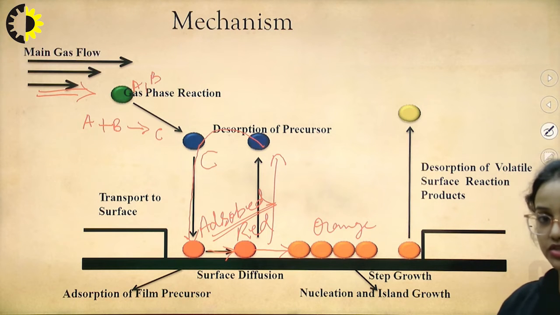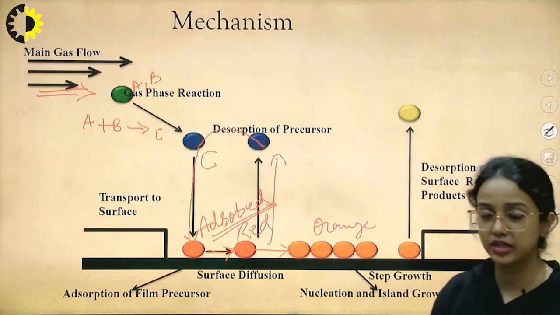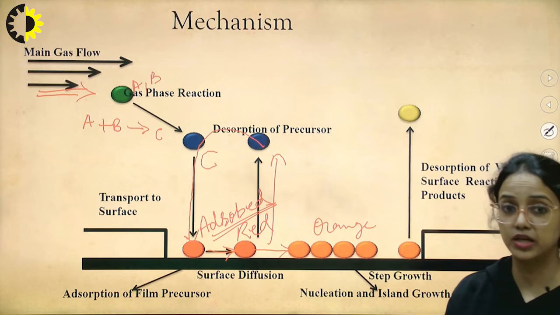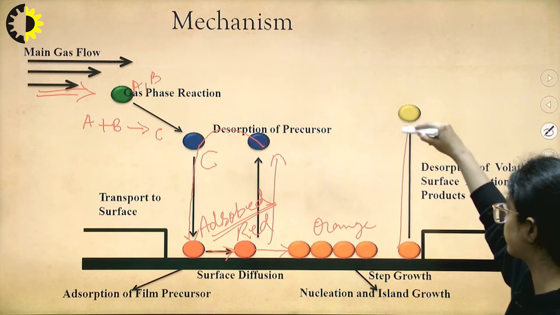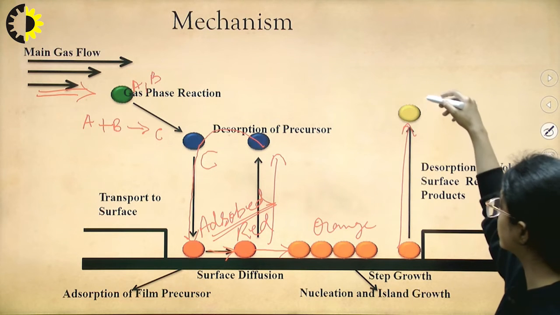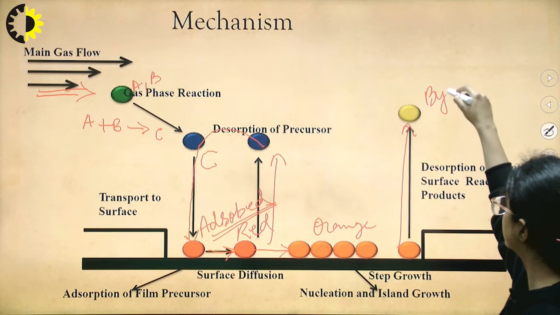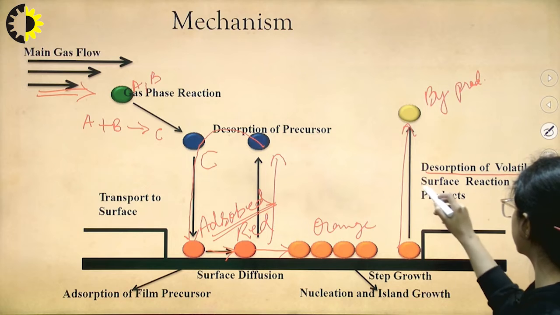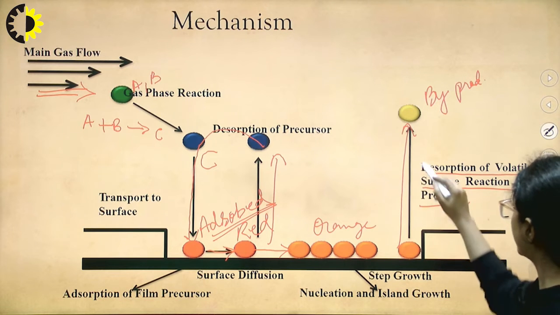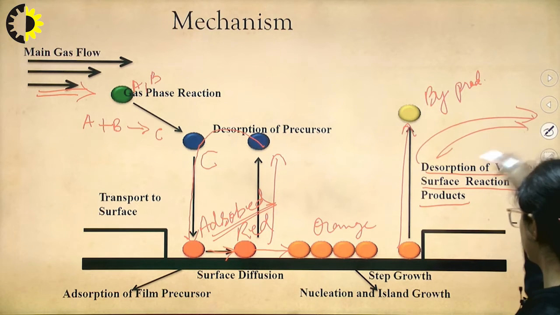Sometimes even after adsorption and deposition have completely taken place, some of the volatile products move out of the system, and now this is a byproduct. This byproduct is no more needed, and desorption of volatile surface reaction products has to happen, so they move out of the system.